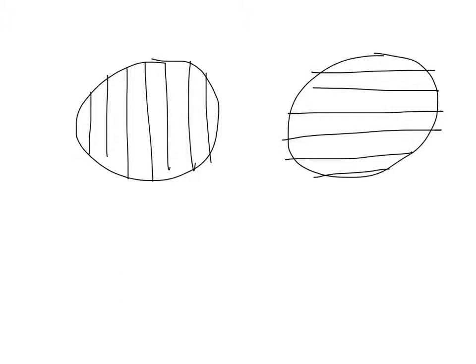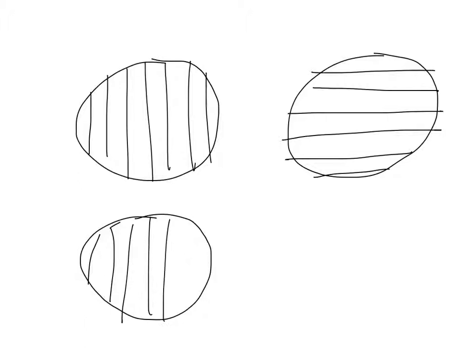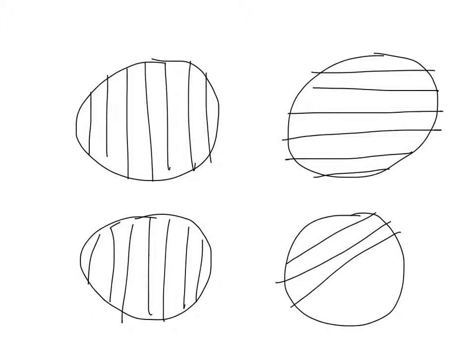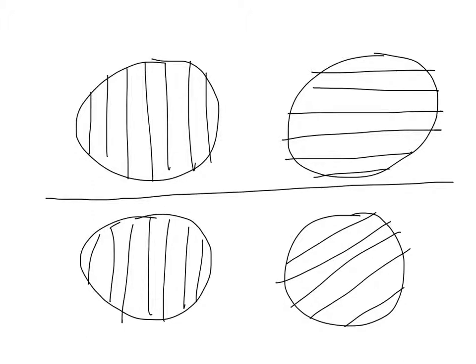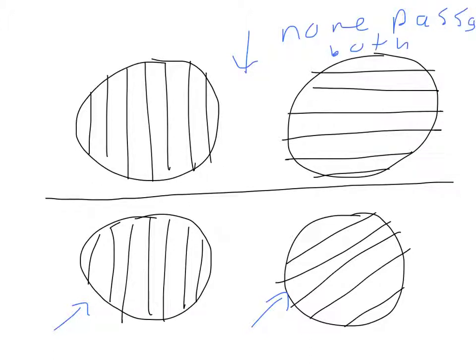However, if it's aligned at some intermediate angle, say of this, and this, then you will get a proportion of the light that is able to pass from this one through this one. Here you get none. In the first case here, none passes both. Here you get some.